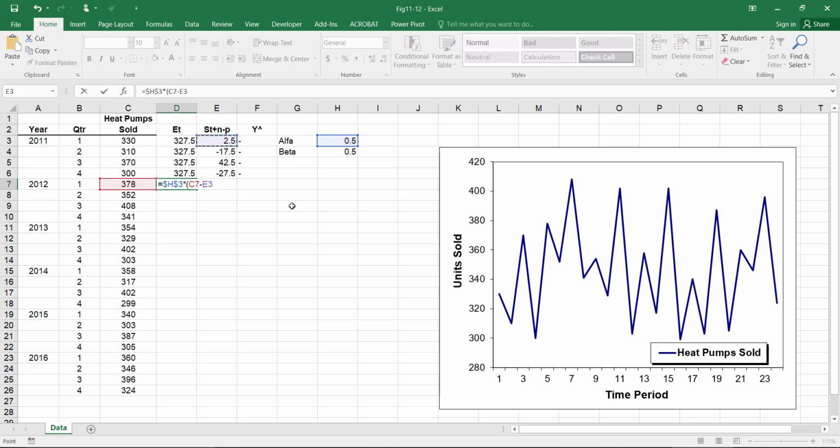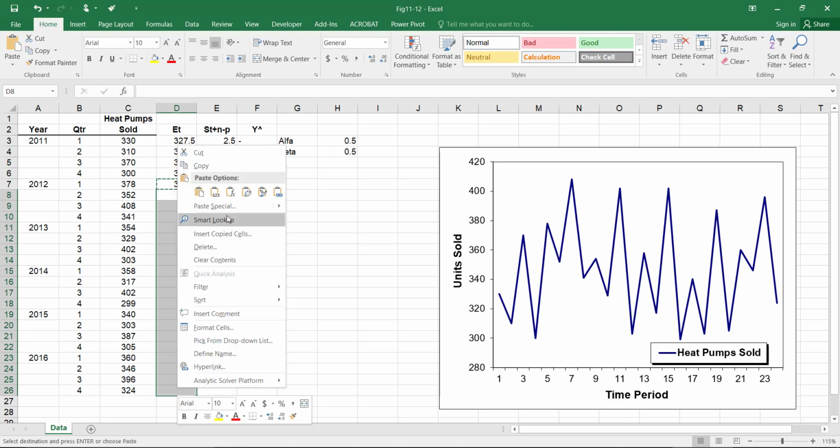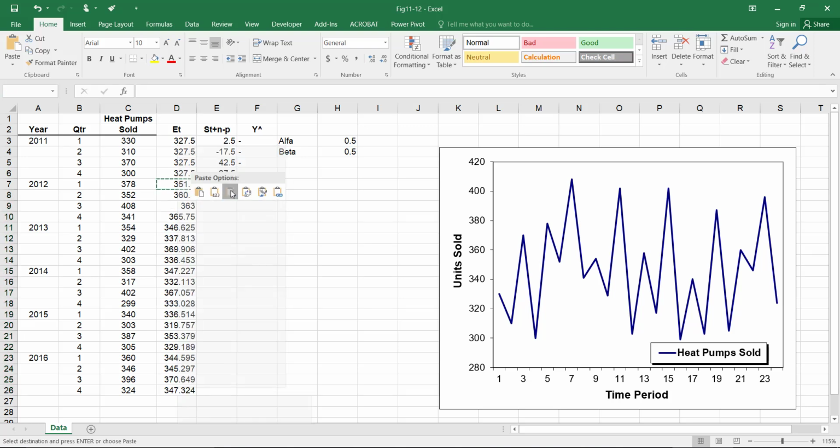So this is the equation that we have to use, plus 1 minus alpha, that we have here, and we are using the other values that we have. So we can fix the cell and multiply by et minus 1. So this is et minus 1 that we have. Now we can extend this equation for all of the other periods that we have. So we copy and paste as an equation.